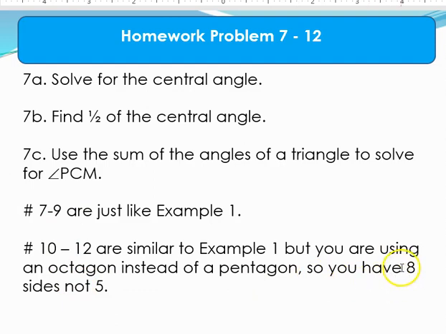So everywhere you had the 5 for the pentagon, you're now going to have the 8 for the octagon. If you made good notes for those 2 examples that I gave you, example 1 and the problem right before it, then you will be able to go ahead and do these.